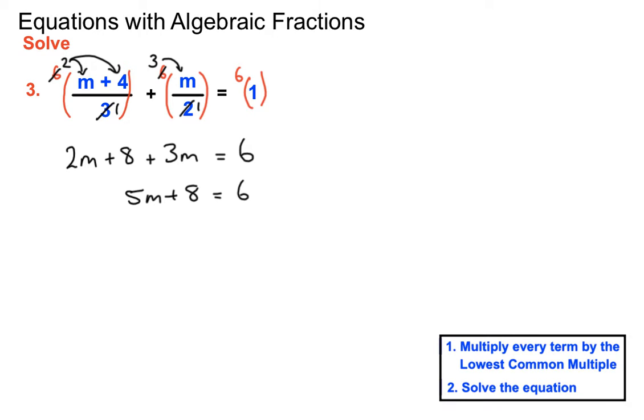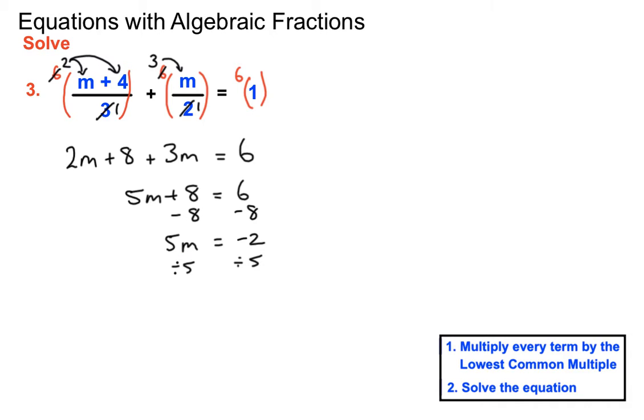We move the plus 8 first by doing the opposite to both sides, so we'll minus 8 both sides. The plus 8 and the minus 8 cancel out, leaving us with 5m. And 6 minus 8, you're taking away more than you've got there, you get minus 2 for that right-hand side. Then 5 is multiplying invisibly by the m, so to get the letter on its own, we'll divide both sides by 5.